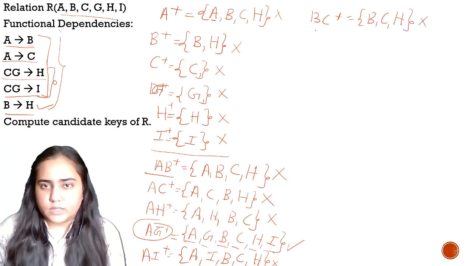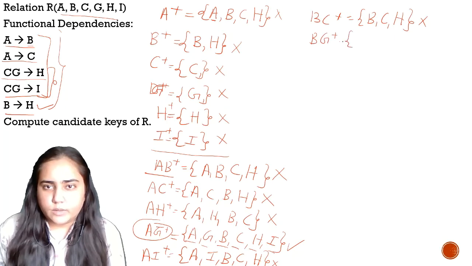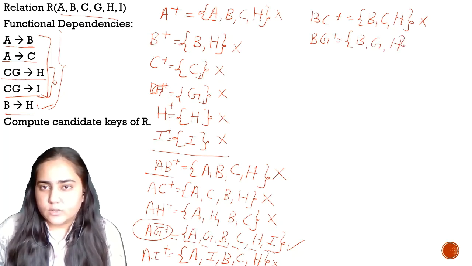So this is not a candidate key. BG plus would be B and G. Because of B, I can add H, and that's about it. So this is not a candidate key.